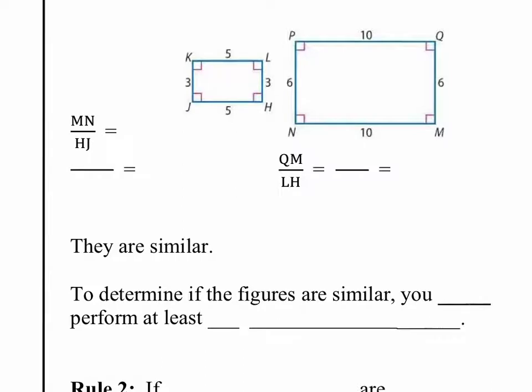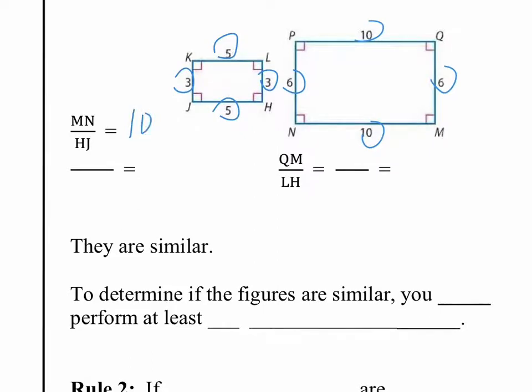The first example, looking at these two rectangles, and the sides are measured, opposite sides being equal. 5, 5, 3, and 3, and then 10, 10, 6, and 6. What is the length of MN? MN, over on the larger rectangle, is 10.